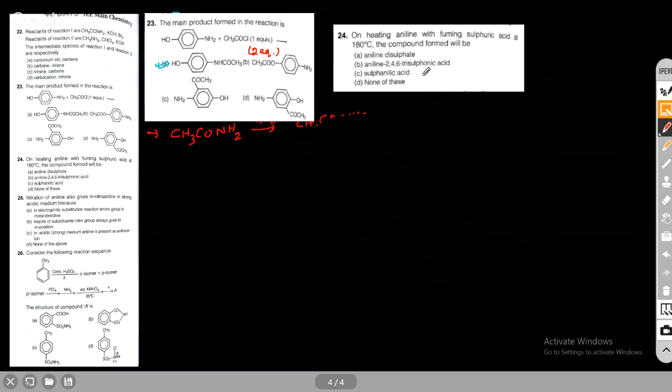At ortho and para position, but the para one will be the dominant or the major product. So the final product here, it will be this. NH2 will be as it is, and SO3H will attach over here. This we call sulfanilic acid. Option C is correct. All of you are getting this.